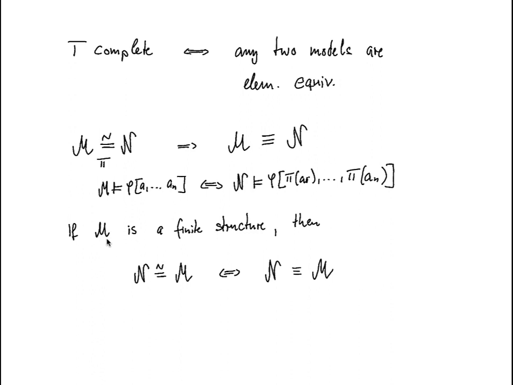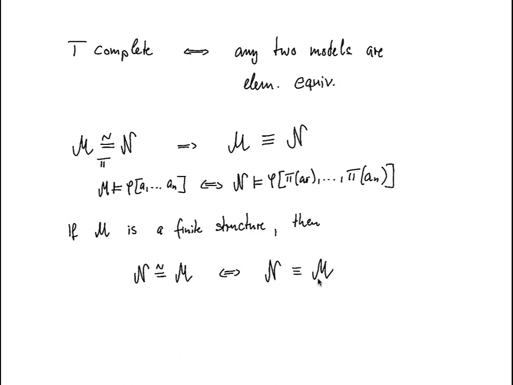We can get the converse of this for finite structures. So if M is a finite structure, then indeed N is isomorphic to M if and only if N and M are elementary equivalent.